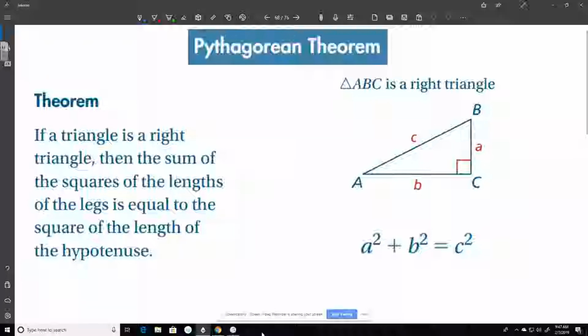The side of the triangle across from the 90-degree angle, this side right here, C, we call the hypotenuse. I'm going to be using that word quite a bit, so you're going to want to remember that one.